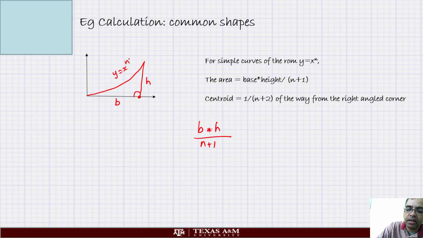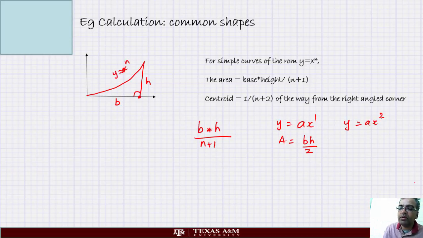So for example, if y equals a x to the 1, which is a triangle, then area will be base times height divided by 2. If y equals a x squared, which is a parabola, area will be base times height divided by 3, and so on. By the way, a rectangle is y equal to a times x to the 0, and then area will be base times h.